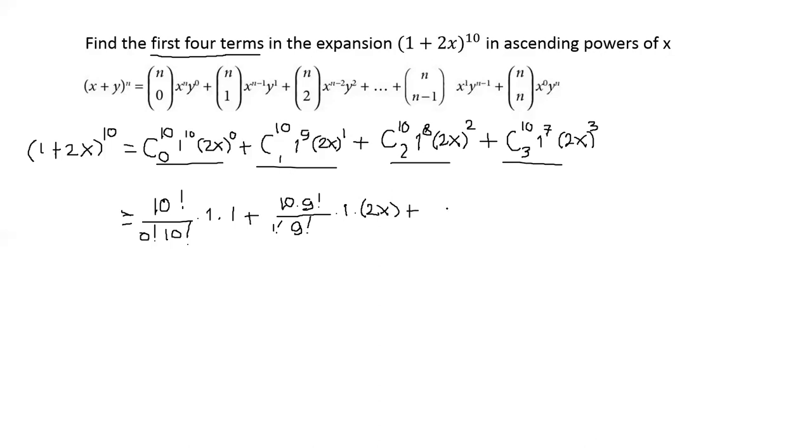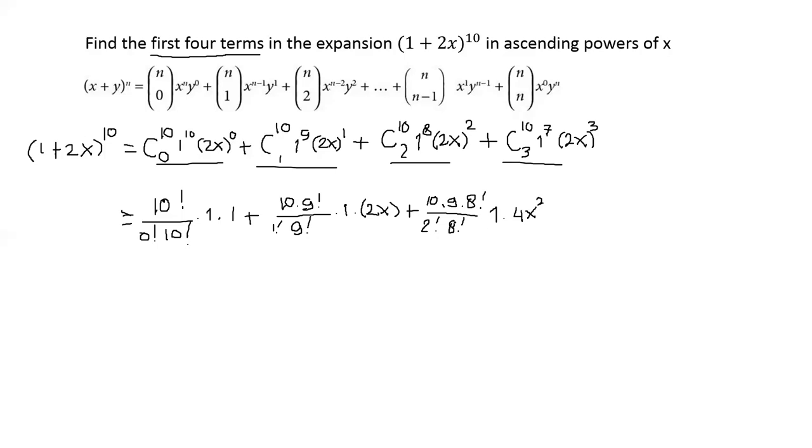Plus combination 10 taken 2, it becomes 10, 9, 8 factorial. Why 8? Because 10 minus 2 equals 8, over 2 factorial times 8 factorial. 1 to the power 8 equals 1, while (2x) squared equals 4x squared.